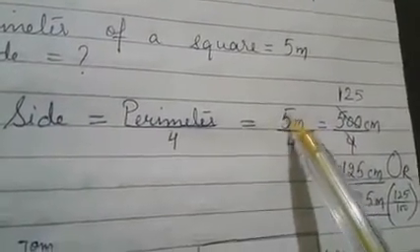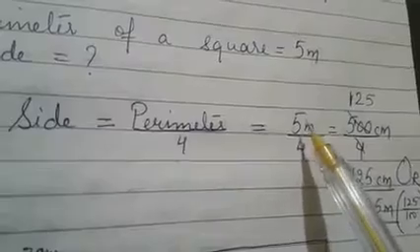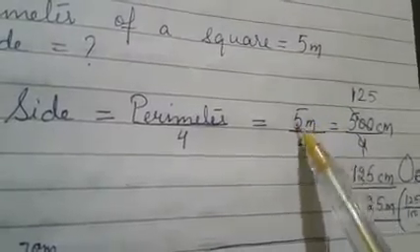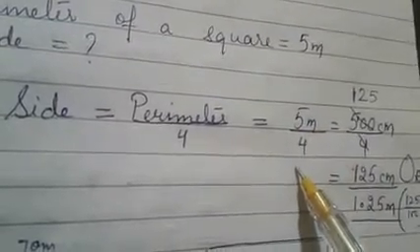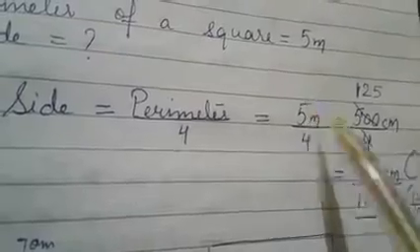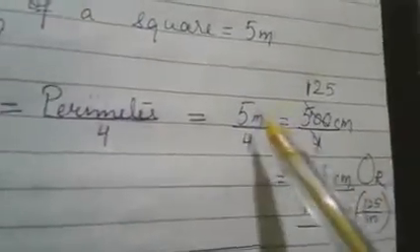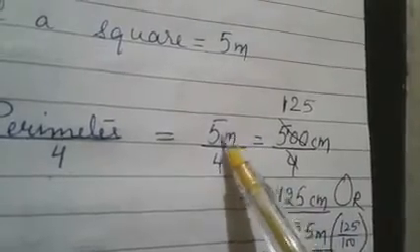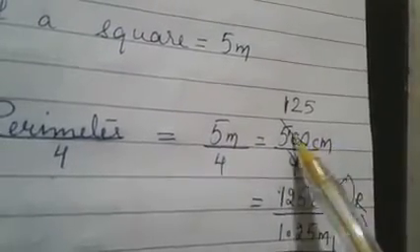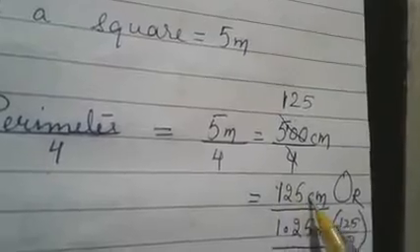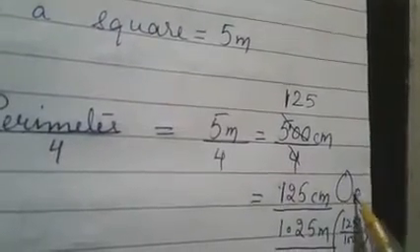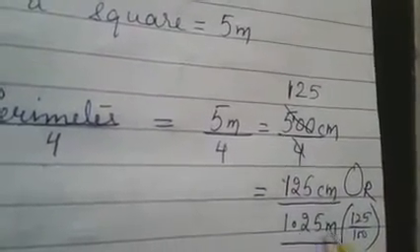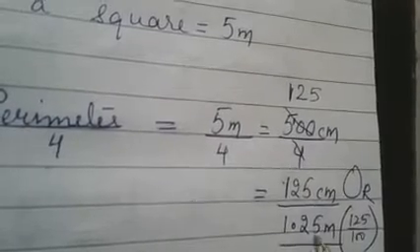So I can solve it directly. 5 divided by 4 you can do, 1.25, you will get the answer. See, I have written here, or I have converted meter into centimeter. So 5 meter equals 500 centimeters. So 500 centimeter upon 4, 125 centimeter can be your answer, or 1.25 meters.